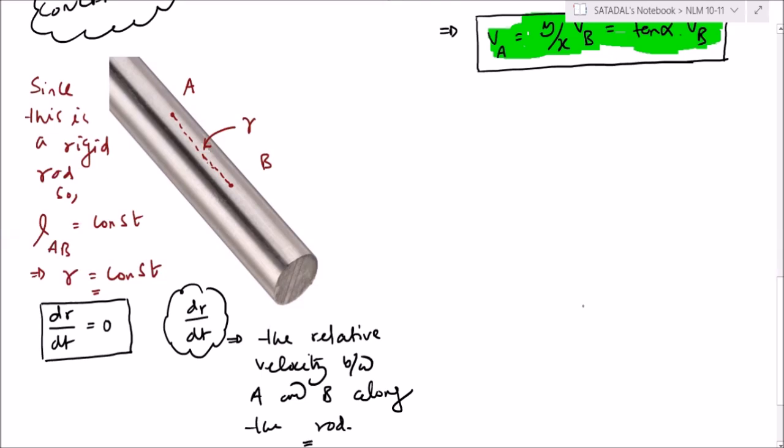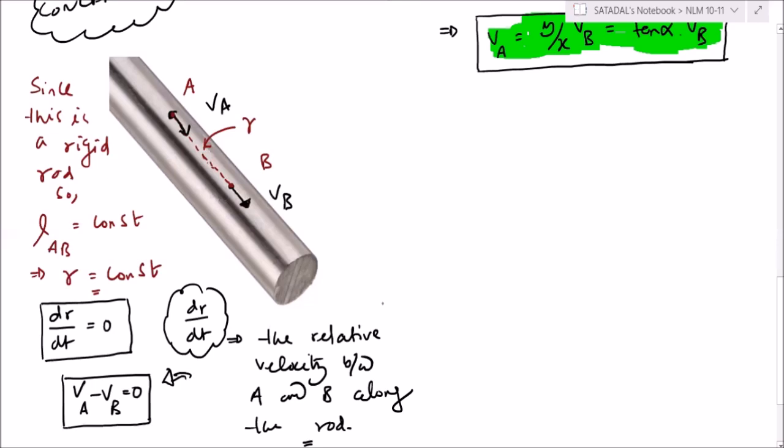Is this okay for everyone? Let us say in this direction I am taking the velocity as VA, and in this direction I am taking the velocity as VB. As per this concept, we are writing VA minus VB is equal to 0.